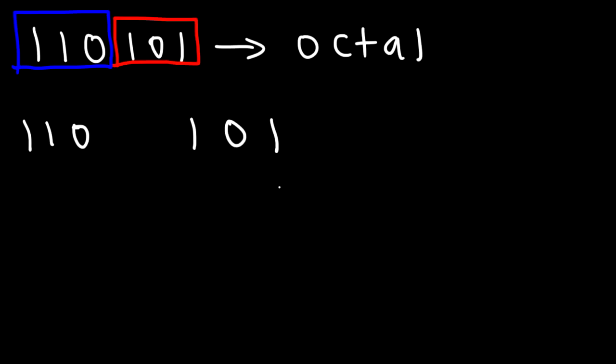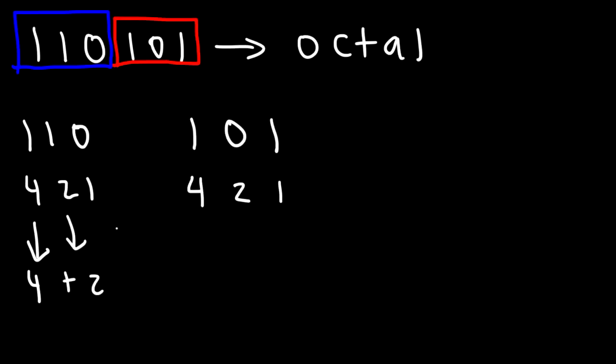Now the first number has a value of 1, the second number we need to multiply by 2, and the third by 4. So 1 times 4 is 4, 1 times 2 is 2, 0 times 1 is 0. So all we're going to do is just add the 4 and the 2, and that's going to give us 6.